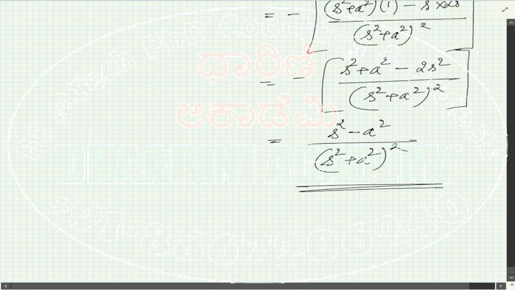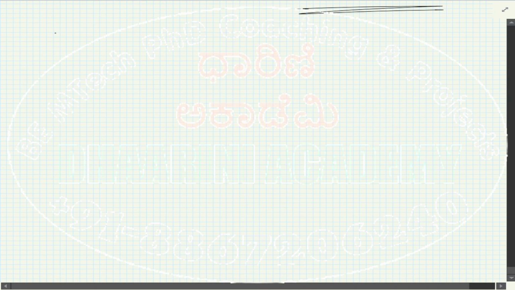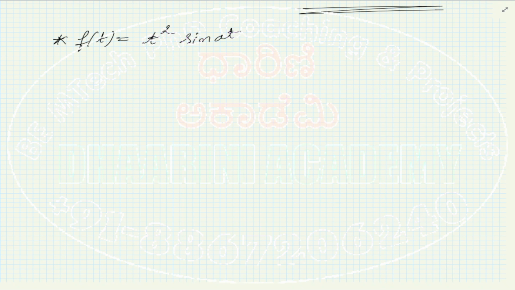Okay, next question is f of t is equal to t square into sin at. So let's start with the sine function, because this looks like t to the n into f of t for us. So for f of t, we should know the Laplace transform.